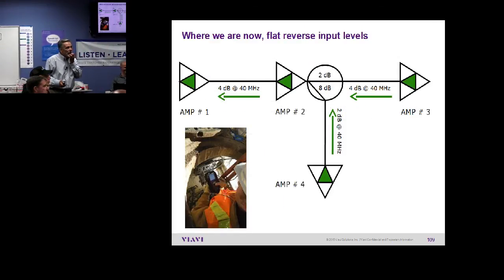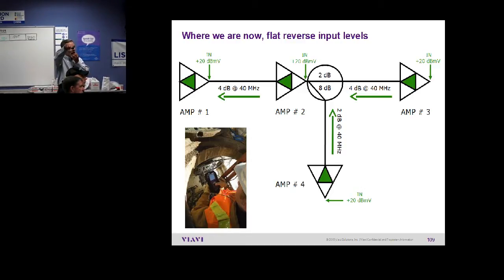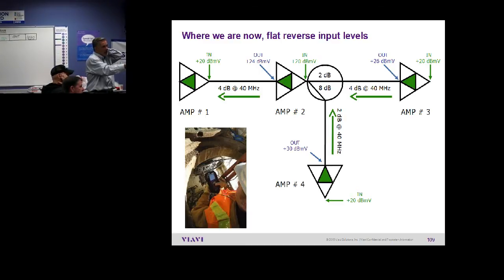Like I said, we're in the return path. Now we're going to set all the output levels so that I have +20 at the input to each return amp. And you can see these output levels are different from this amp and this amp so that I get +20 at the input here.